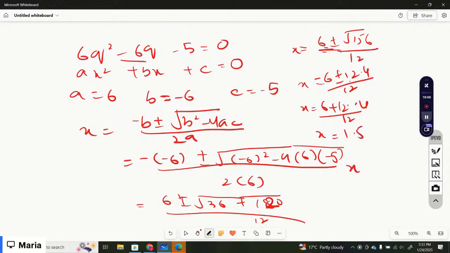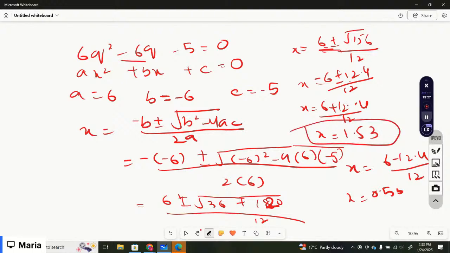Now with the subtraction, 6 minus 12.4 divided by 12. 6 minus 12.4, that is -6.4 divided by 12. That is -0.53. So we have two answers. x equals 1.53 and x equals, with a negative sign, minus 0.53. Got it?